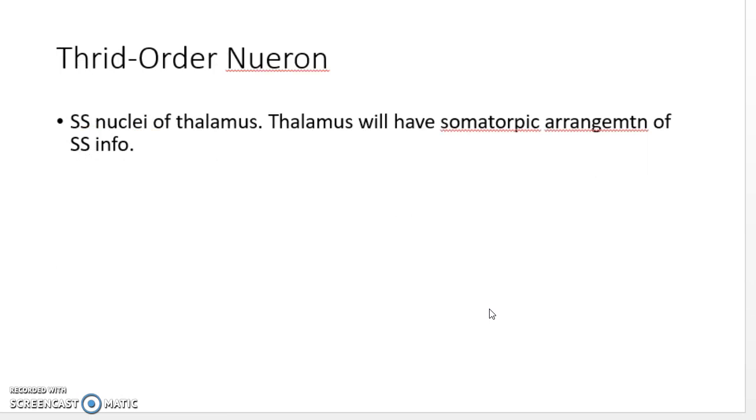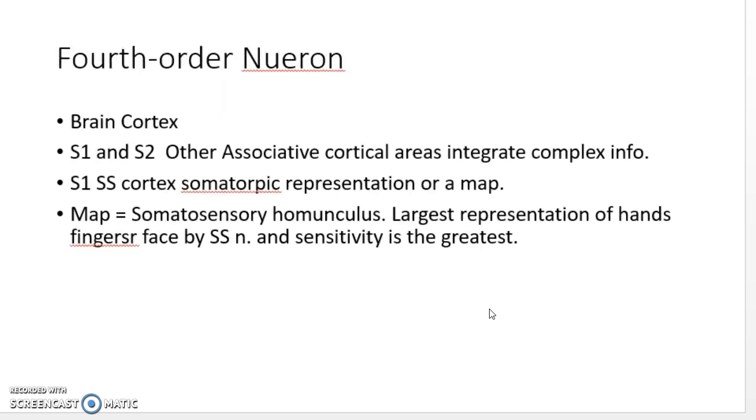The third main difference I want to highlight is that these neurons will then transmit to the thalamus, and they will be located in the somatosensory nuclei of the thalamus, and the thalamus has a somatotopic arrangement of somatosensory information. The fourth order neuron is the cortex. In the anterolateral pathway, they go to Brodmann's areas 1 and 2 and the association areas 5 and 7.